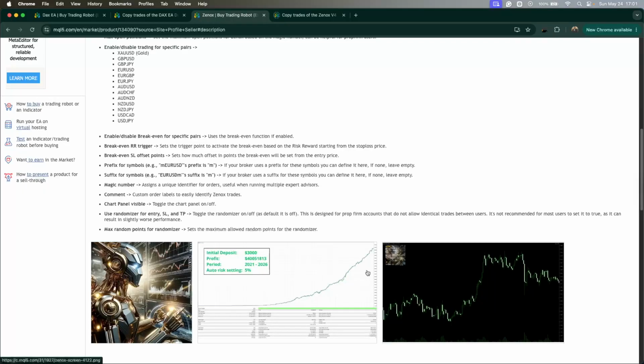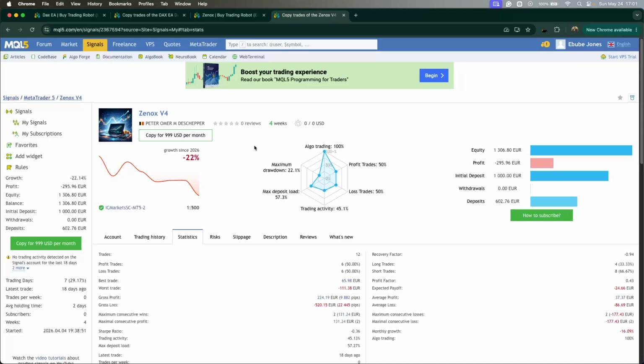And they do have a signals page. On this signals page, they promote steady equity growth with algo trading at 100%, and they position it as suitable for both experienced traders and those wanting a hands-off gold robot. However, we have negative 22% from April 12th, 2026.